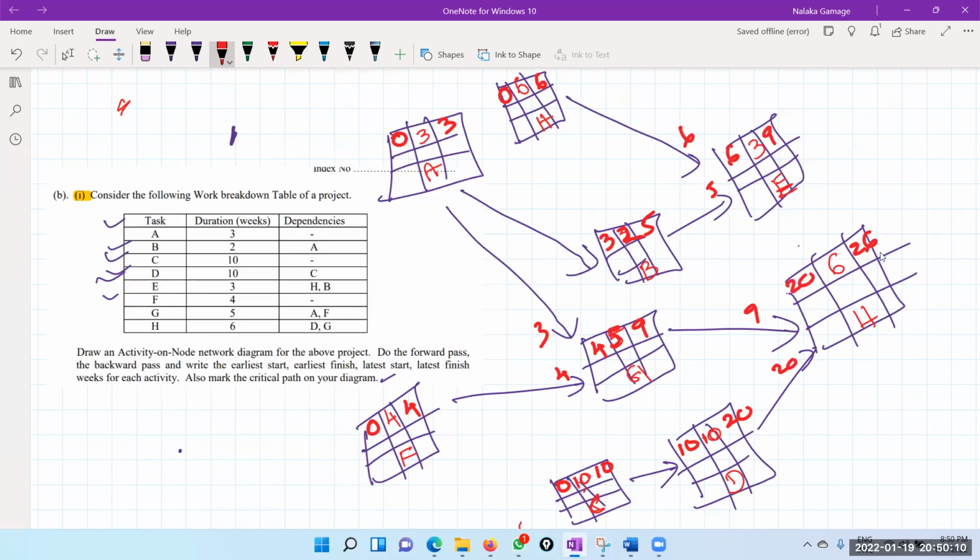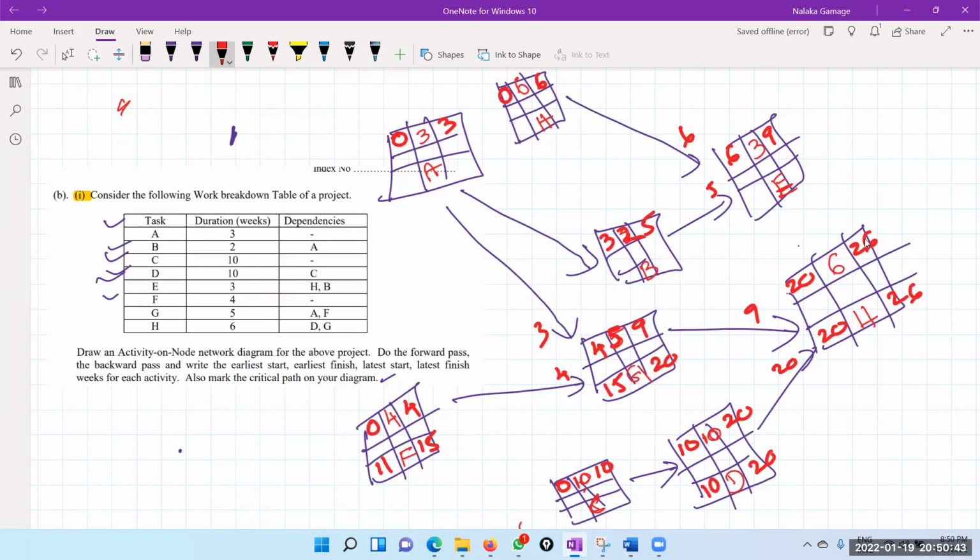So now we are going for the backward pass. This is 26. 26 minus 6 is 20. 20 minus 10 is 10. This is 20. 20 minus 5 is 15. So therefore this is 15. And this is 11.